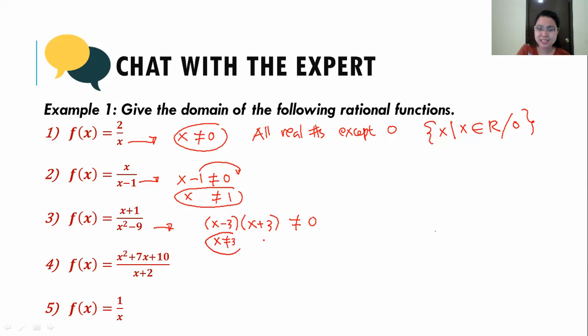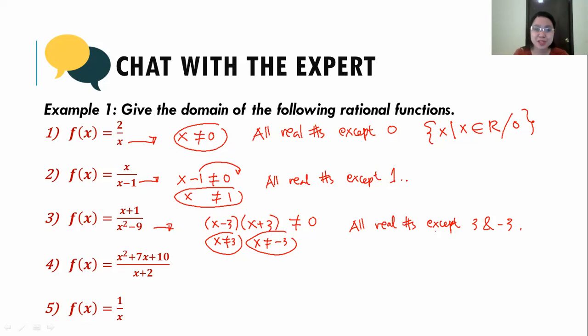The second is x should never be equal to negative 3. So how do I state my domain? Our domain will be all real numbers except 3 and negative 3. The second one, all real numbers except 1.